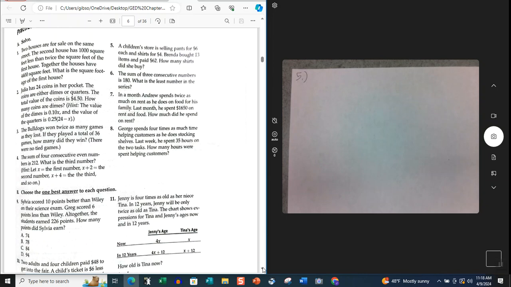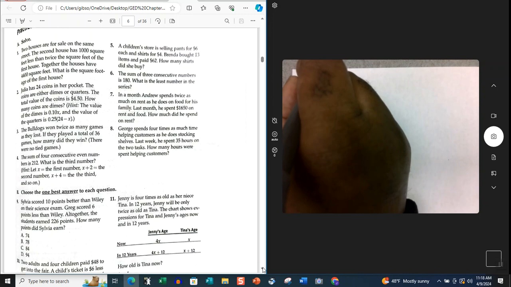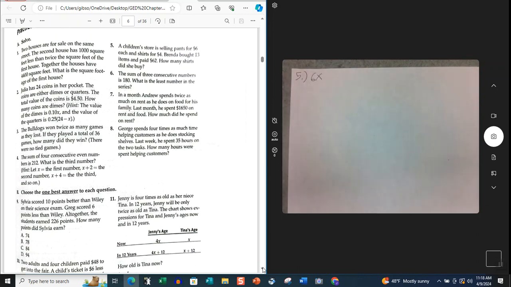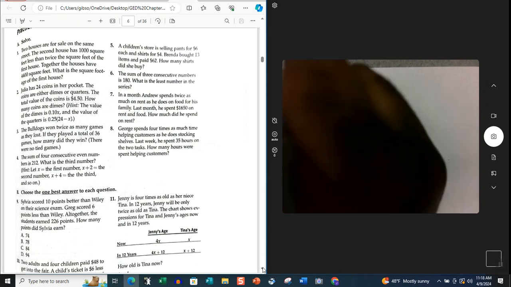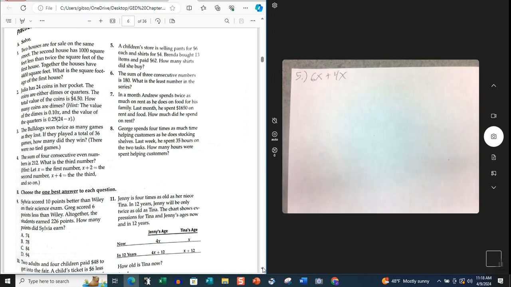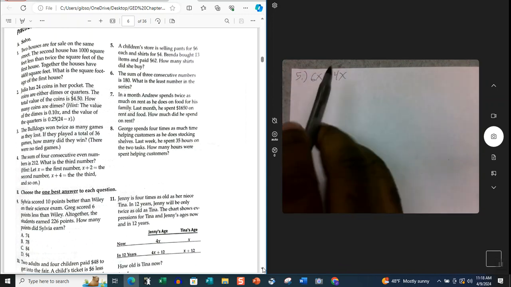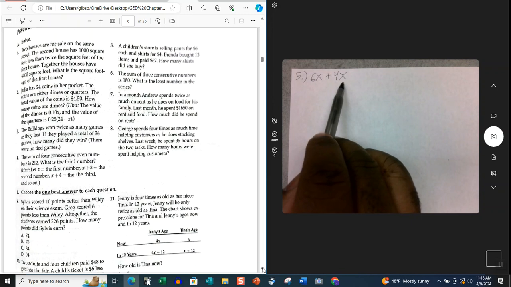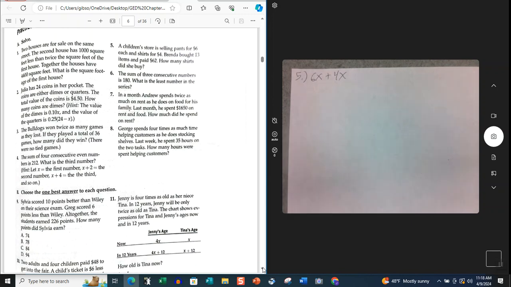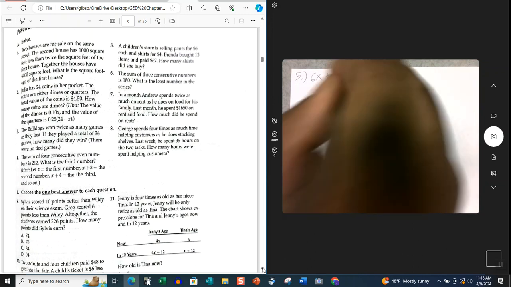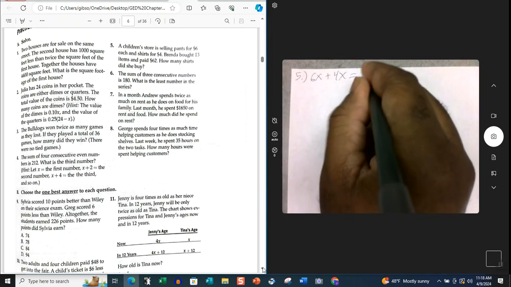Now we don't know how much she bought of each, so we could make 6x for the pants, and 4x is for the shirts. And it said that she bought 13 items and paid $62. Okay, so 6x plus 4x is equal to $62.